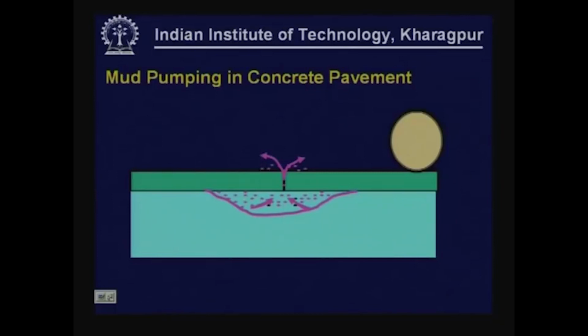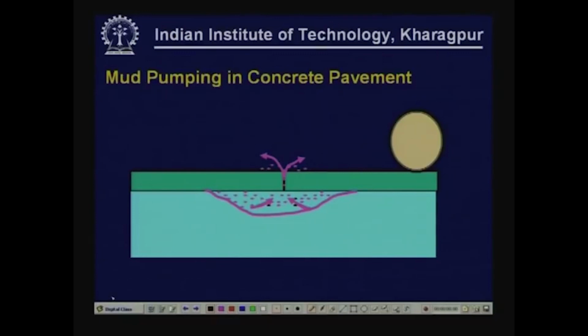Another main type of failure that is very common in concrete pavements, but very difficult to understand and model, is mud pumping. Mud pumping is a phenomenon due to which, if there is a fine grained material below the slab, as the wheel passes over this and the slab at this joint deflects, it pumps out the fines from below, especially when it is in a saturated condition.